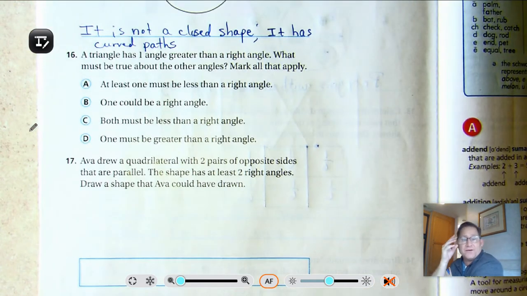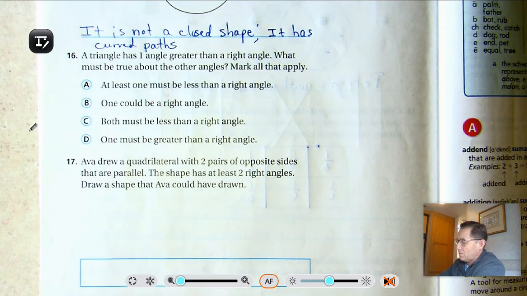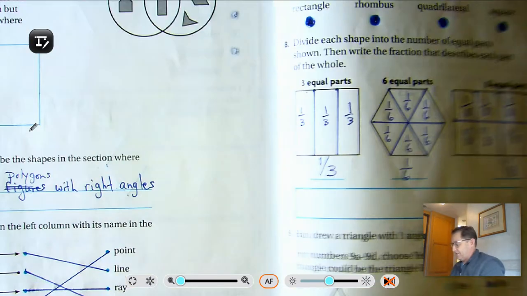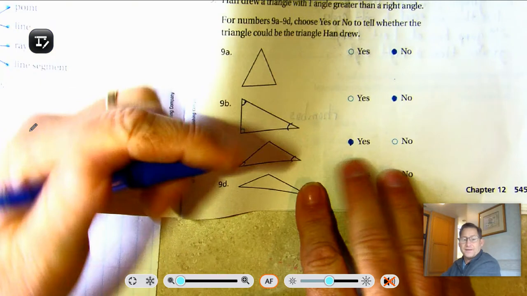16. A triangle has one angle greater than a right angle. What must be true about the other angles? Mark all that apply. At least one must be less than the right angle. Well, let's look at a previous question that might help us.